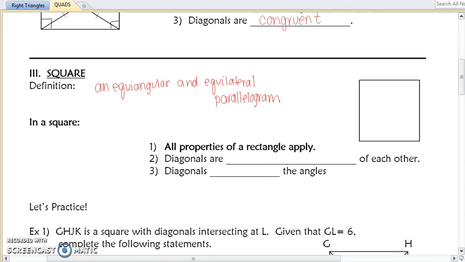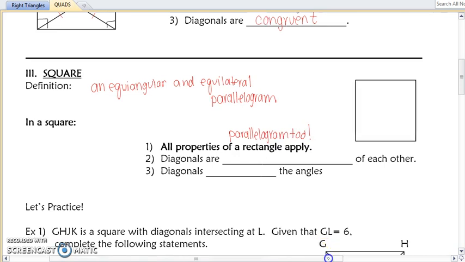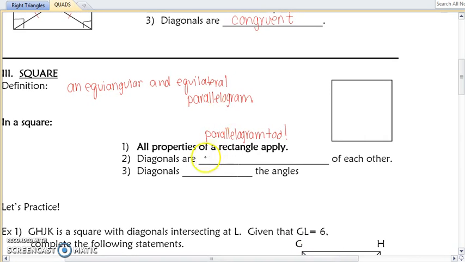So in our square, yes, all of the properties of the rectangle apply, and all of the properties of our parallelogram as well. In addition to that, we can say that diagonals are perpendicular bisectors of each other.